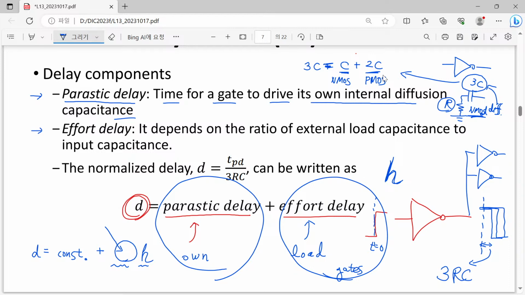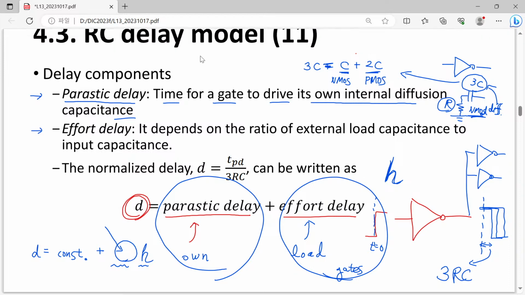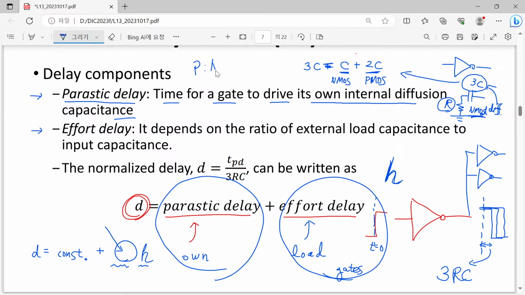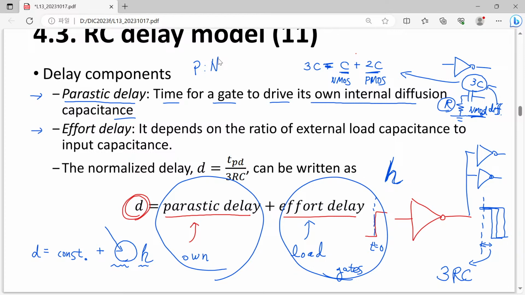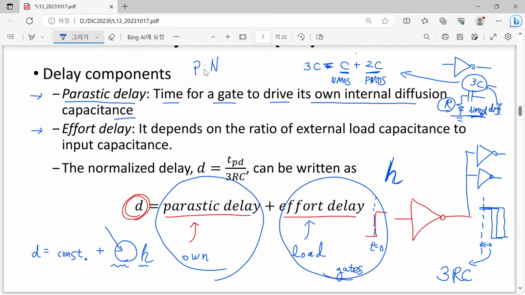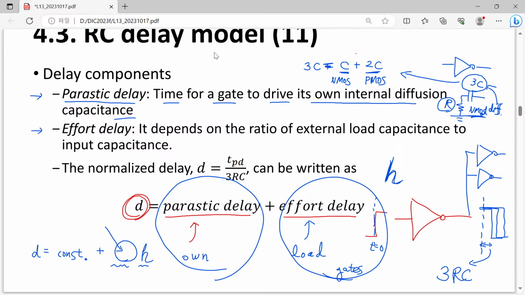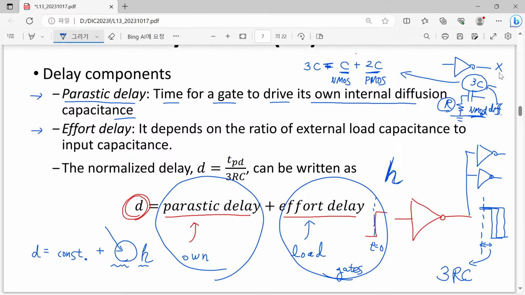We assume a 2-to-1 ratio between our PMOSFET and NMOSFET to match our mobility mismatch. So that was the parasitic delay, and this type of calculation is done even without any load at the output of our driver.